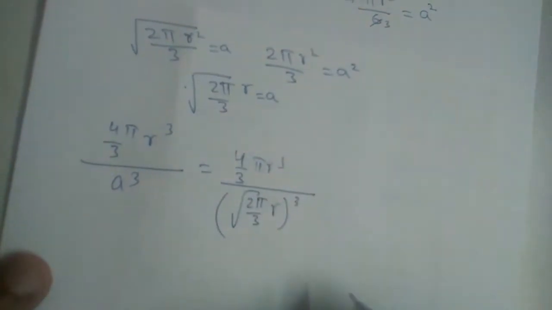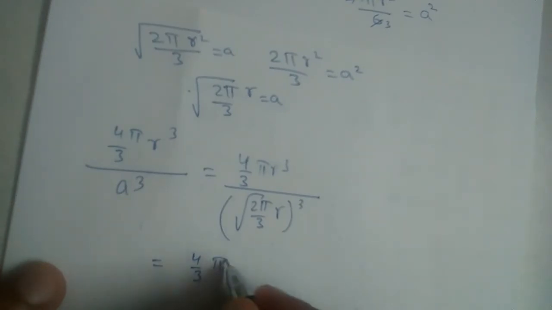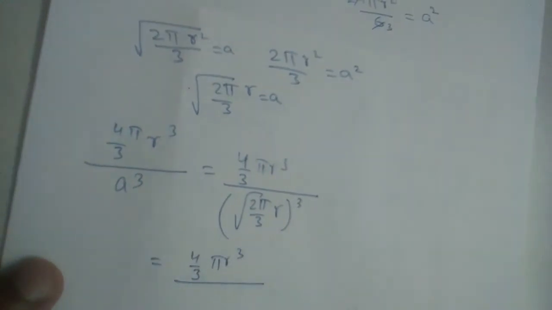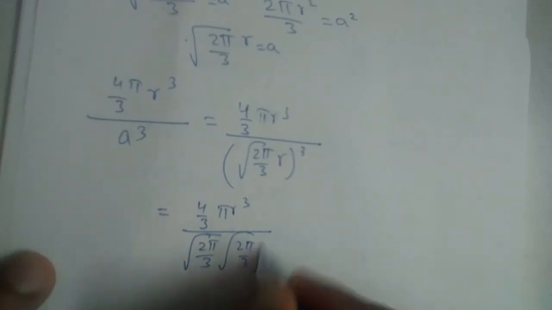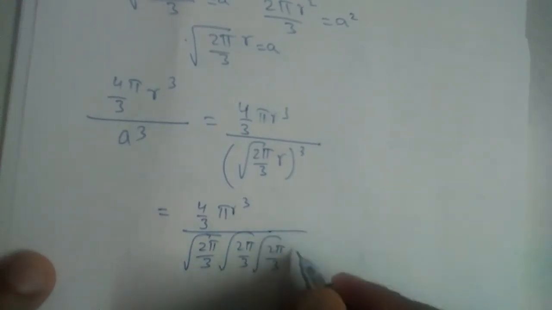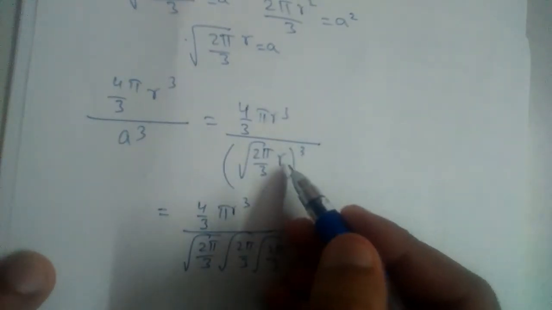This is 4 by 3, so this will be equal to 4 by 3 pi r cube divided by, cube. So we need to write this 3 times, right? This is 1, this is 2, and this is the third time. And we have r cube also. Cube is for this term and cube is for r also. So r cubes will get cancelled, right?